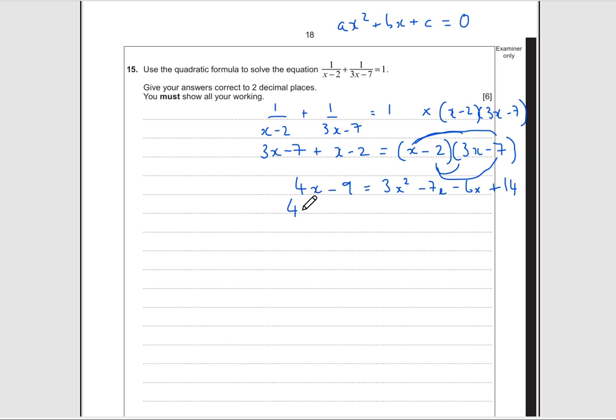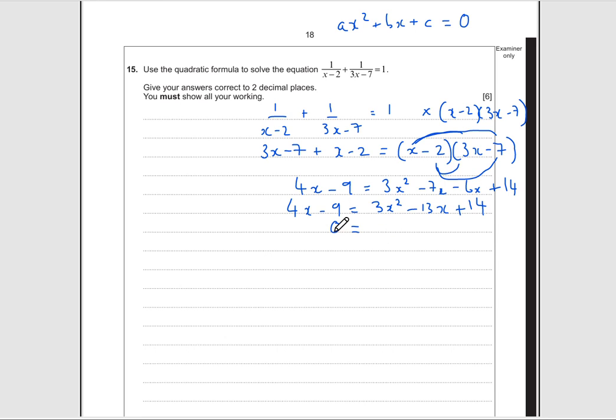Okay, so I'll just collect together the right-hand side. So minus 7 minus 6, that's going to give me minus 13x plus 14. And then I've got my x squared over here.